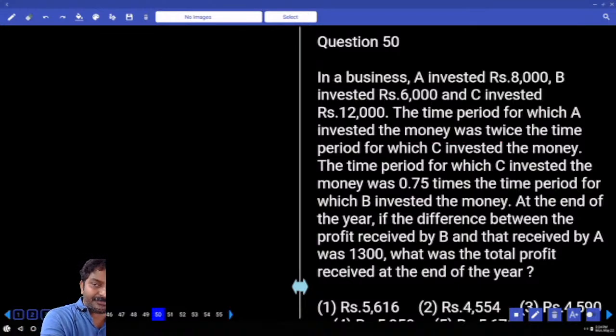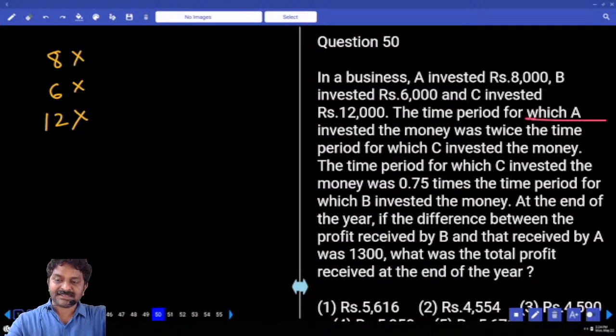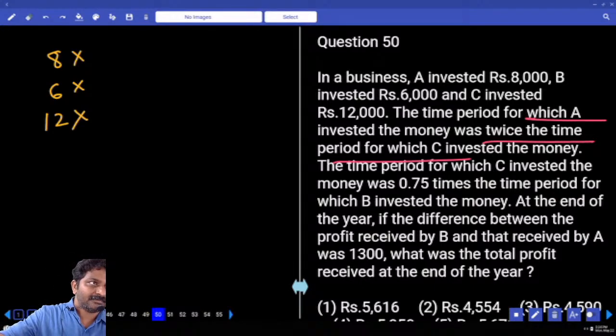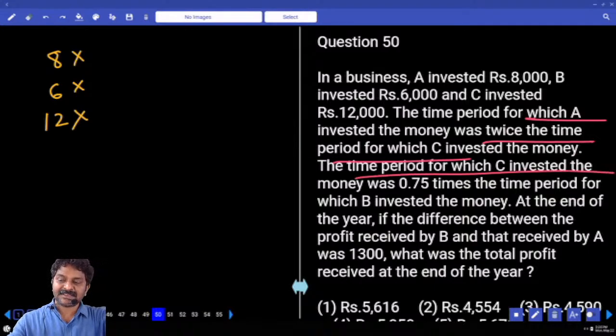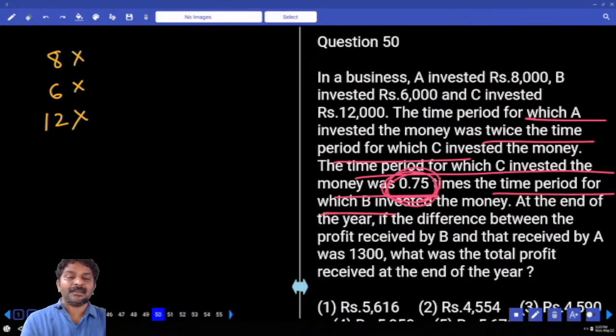Investments A, B, C: 8,000, 6,000, 12,000 multiplied by time period, right? A's time period was twice that of C's time period. So A depends on C. C's time period is 0.75. Whenever you see this number, you can treat it as 3 by 4, denominator 4, and it depends on B. Let me take B's time period as 4.